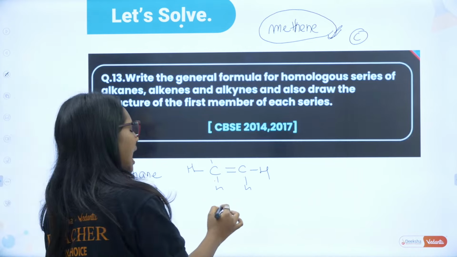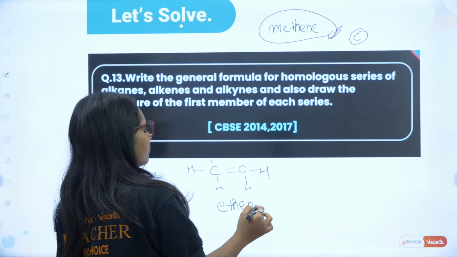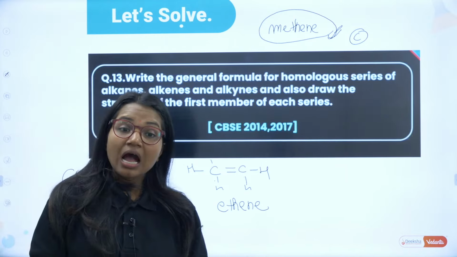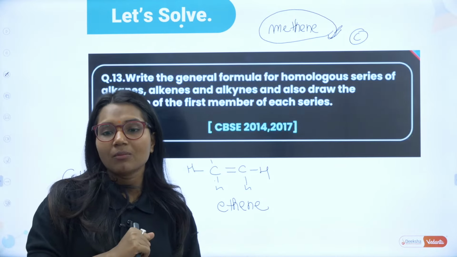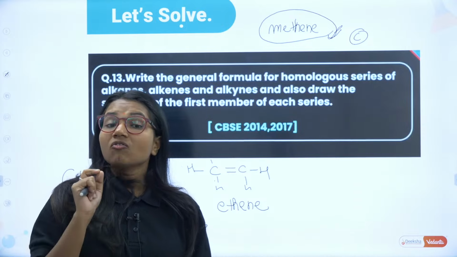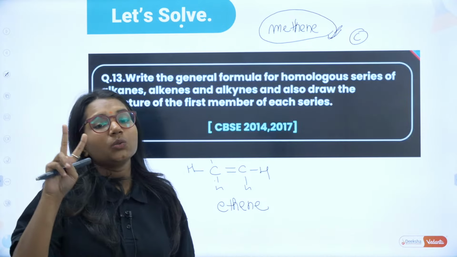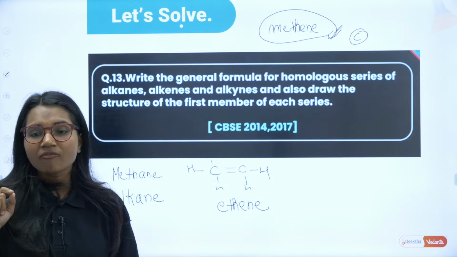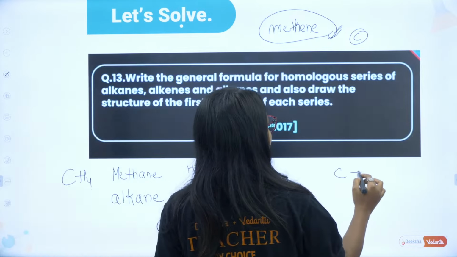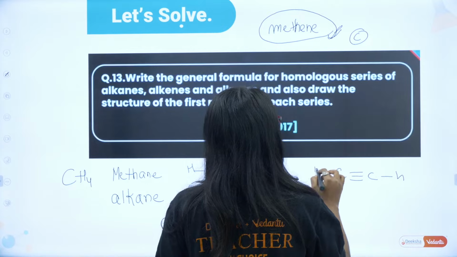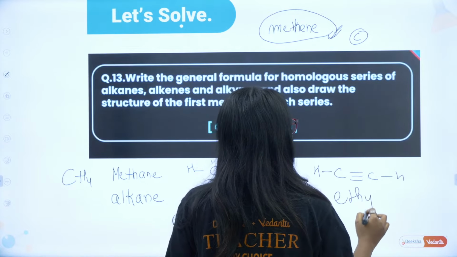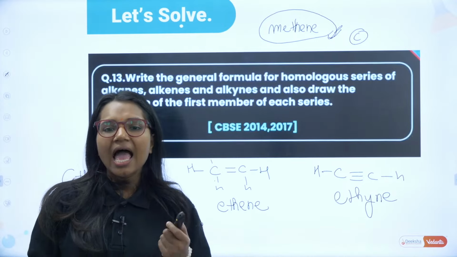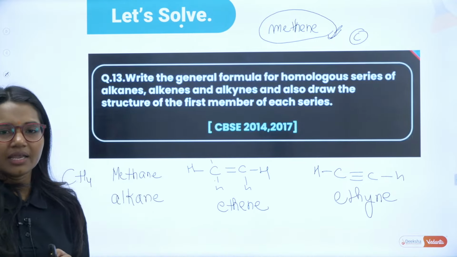Ethene. Absolutely correct. And what is the first compound of alkyne? Alkyne means triple bond, which is only possible between 2 carbons. So here it is ethyne. Correct? So these are the first members of alkane, alkene and alkyne.